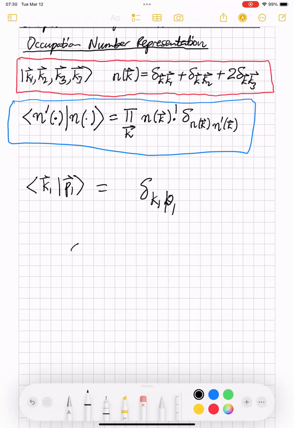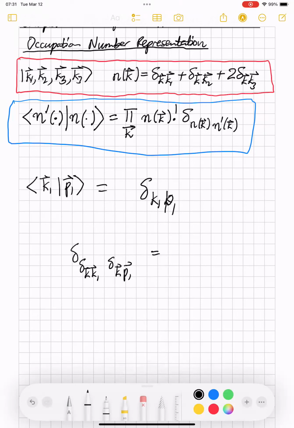This delta function has to set delta of k, k1 equal to delta of k, p1. So what is this equal to?